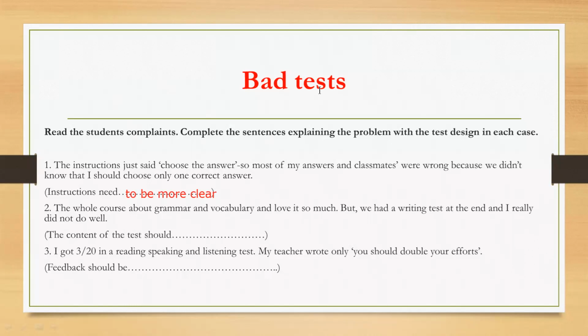So thank you, Umayma. It should also be consistent with the classroom activities. The content of the test should be consistent because you taught them only grammar and vocab, and it is also about validity. So the test should be consistent.